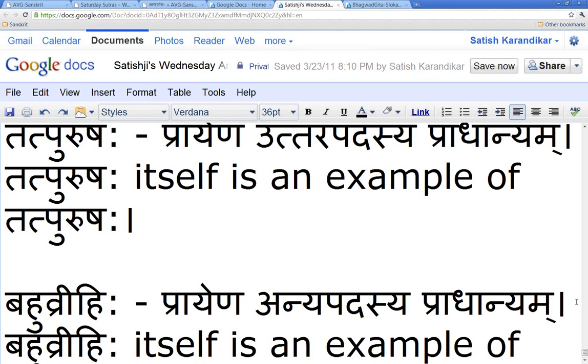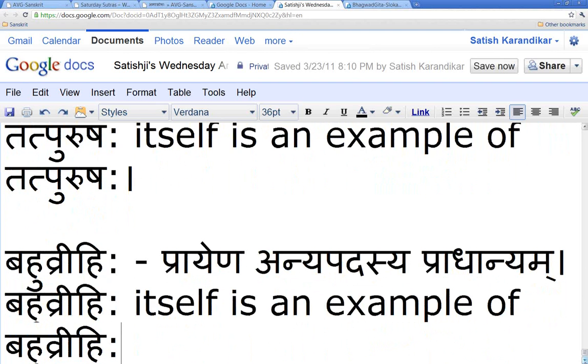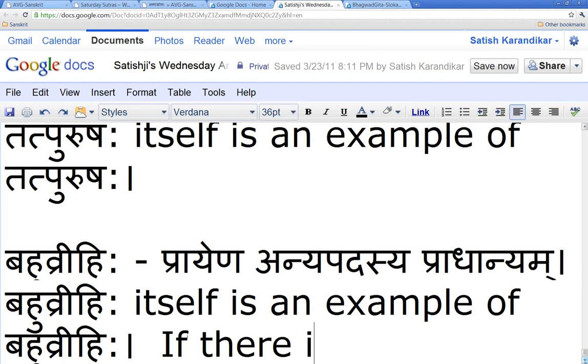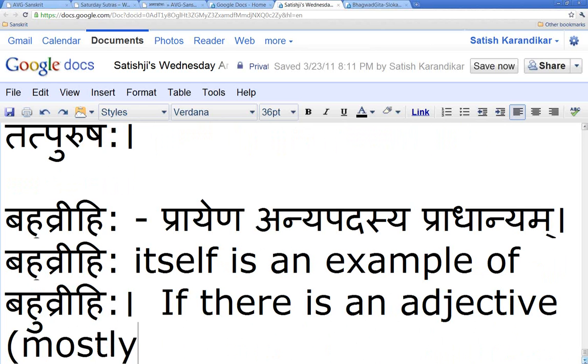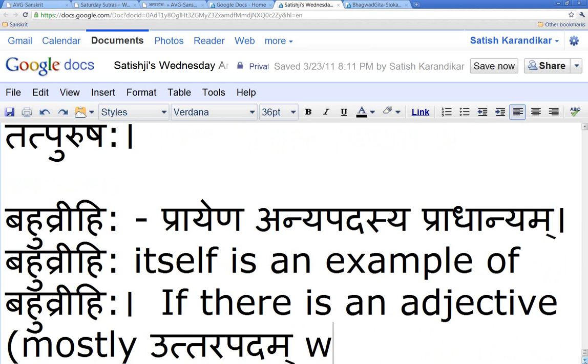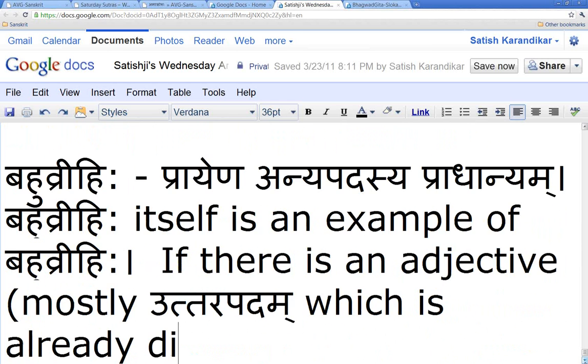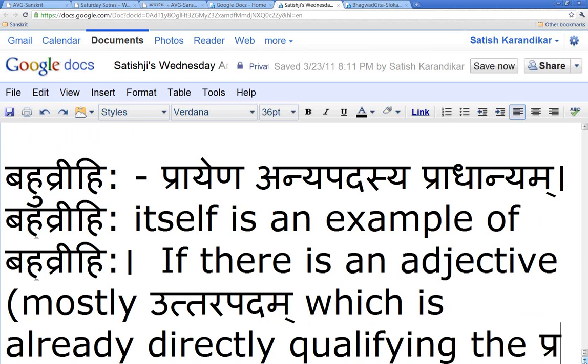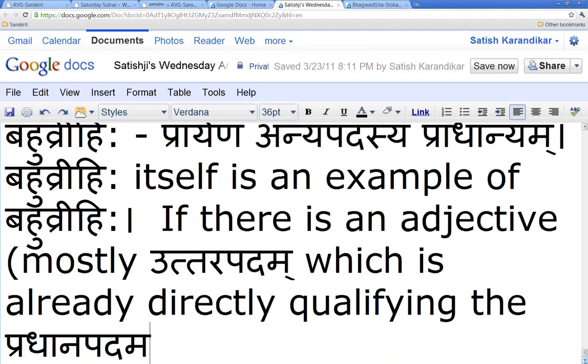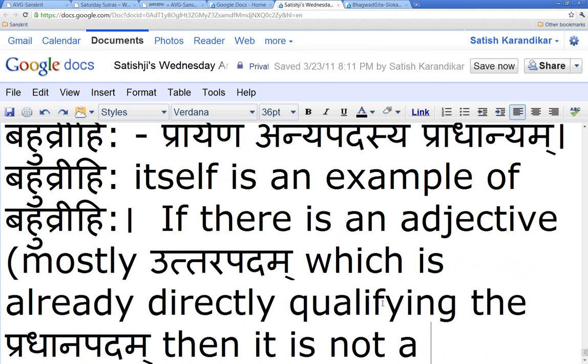Now, I just put a note here: if there is an adjective, generally as Uttarapadam, which is already directly qualifying the Pradhana Padam, then it is not a Bahuvrihi compound. Please remember this.